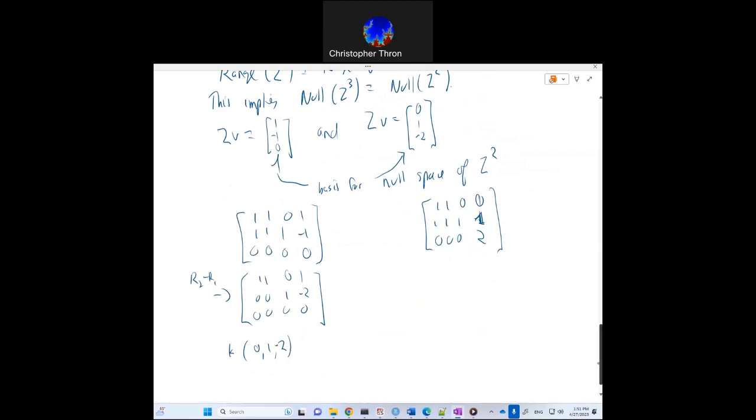And then if I try to solve this, you can see that I'm going to get c equals 0. Well, I can do the same reduction, right? (1, 1, 0, 1), (0, 0, 1, -2), and then (0, 0, 0, 2). So this is telling me c equals 0. This is kind of messy.